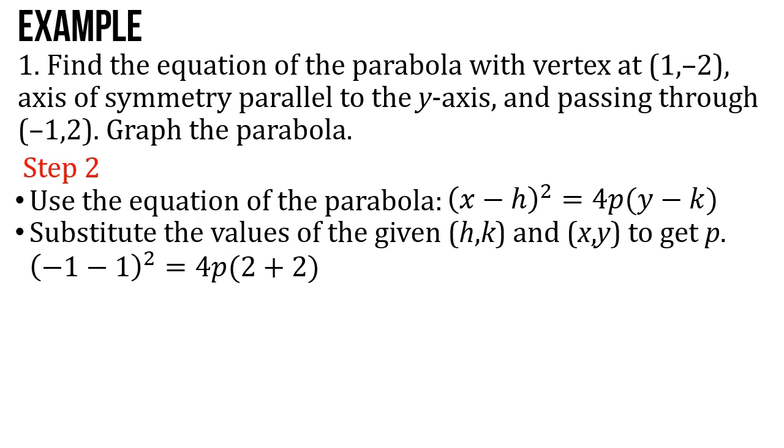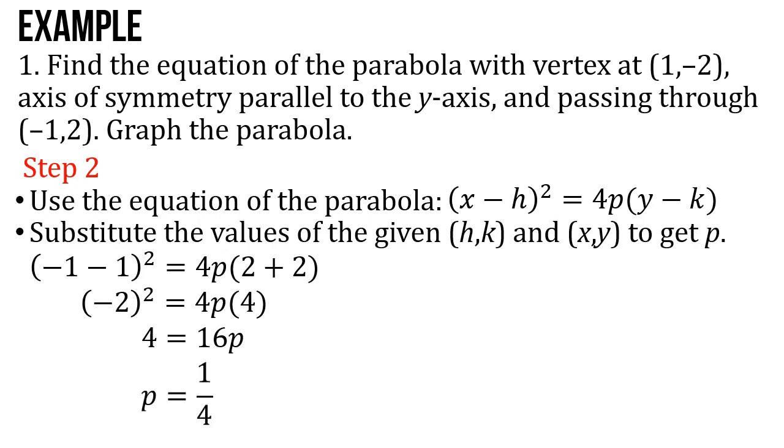And our k rather is negative 2. Since it is negative 2 minus negative 2, that's why it became plus 2. Then our solution will become negative 2 squared equals 4p times 4. 4 equals 16p. Divide both sides by 16, so we are going to get p equals 1/4.